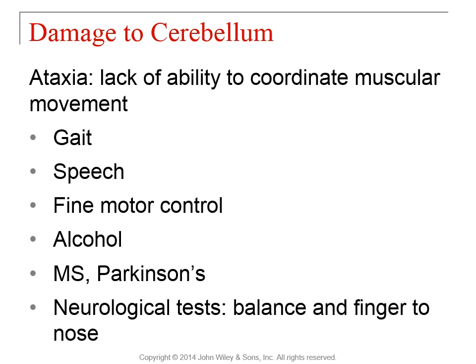Obviously, alcohol and different types of drugs can also inhibit the function of the cerebellum, and you start to lose control. Different types of disease processes include multiple sclerosis and Parkinson's, which have different types of tremors. Multiple sclerosis is identified by what's called intention tremors, where at rest the person does not have any outward sign of an injury, but if they try to do something, like reach for a pen, you'll see shaking in the hand, which usually means there's loss of the myelin sheath around the axons.